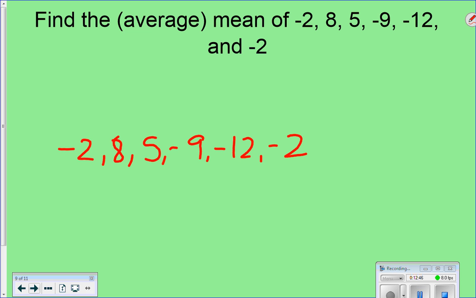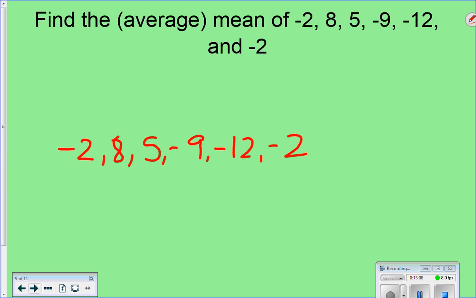Yep, you add them all together and divide by how many numbers there are. You always add them when you find the average. You don't multiply them. You add them together, and then you divide by how many numbers there are.